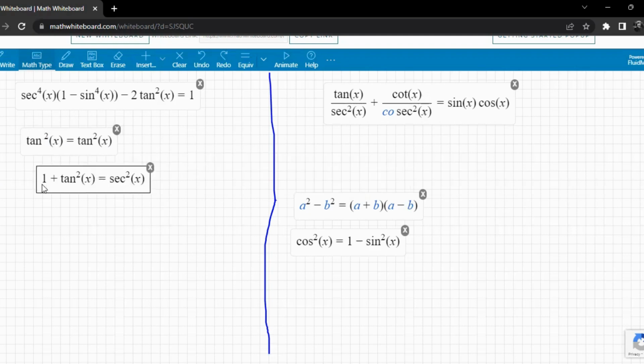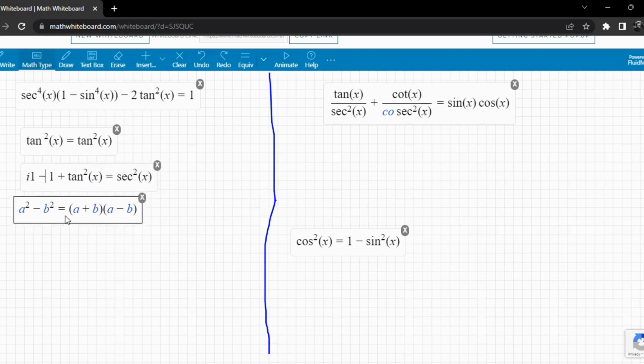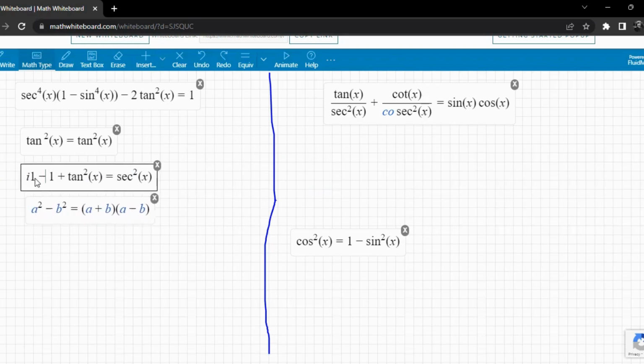Now we have these as the identities. Let's mark this as I1 for identity 1.